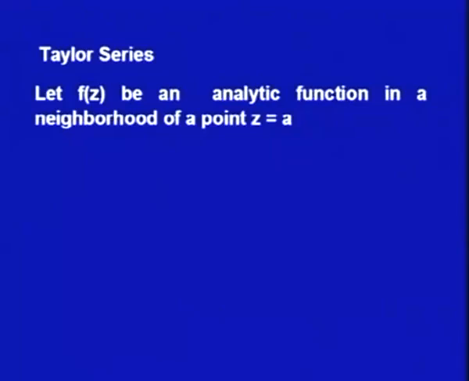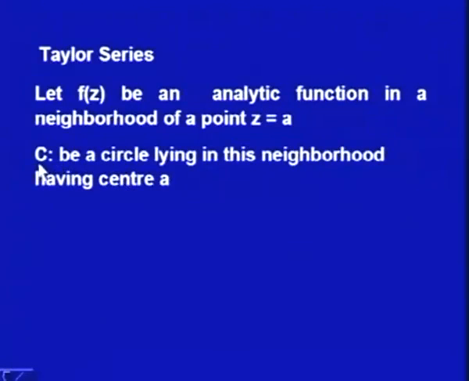By this I mean to say that f(z) is analytic in the neighborhood of a point z equal to a. Let us say C is a circle lying in this neighborhood having center at a.